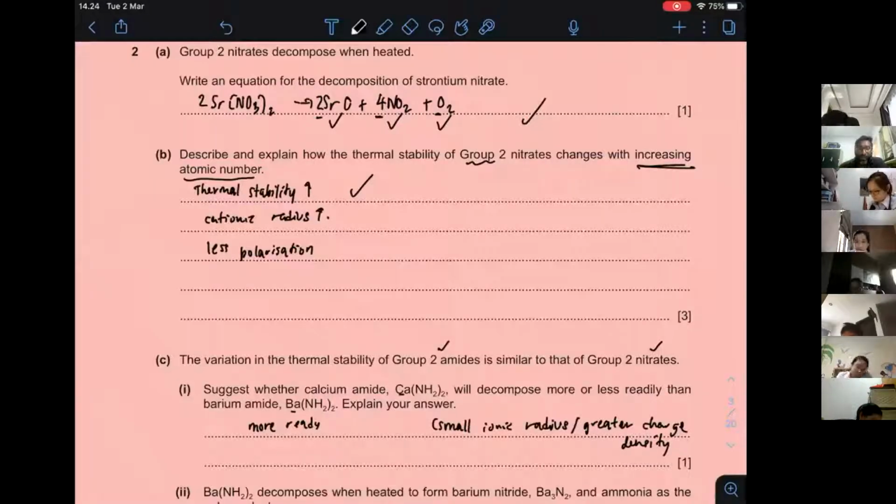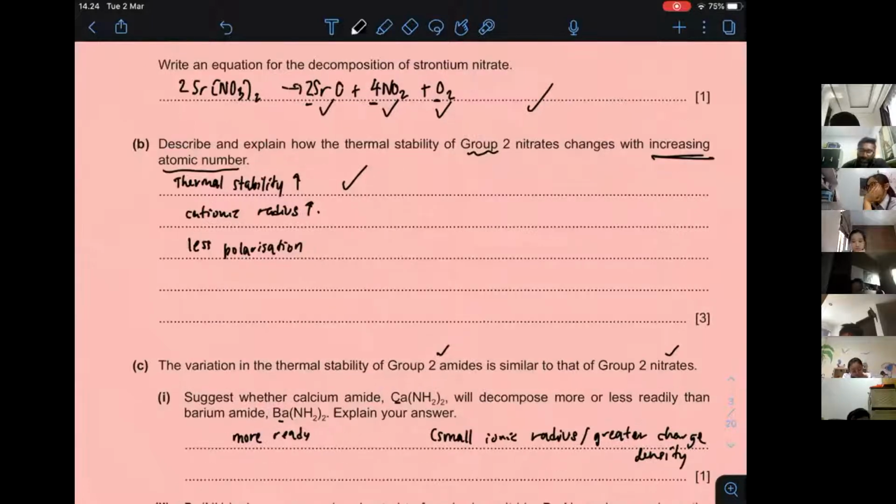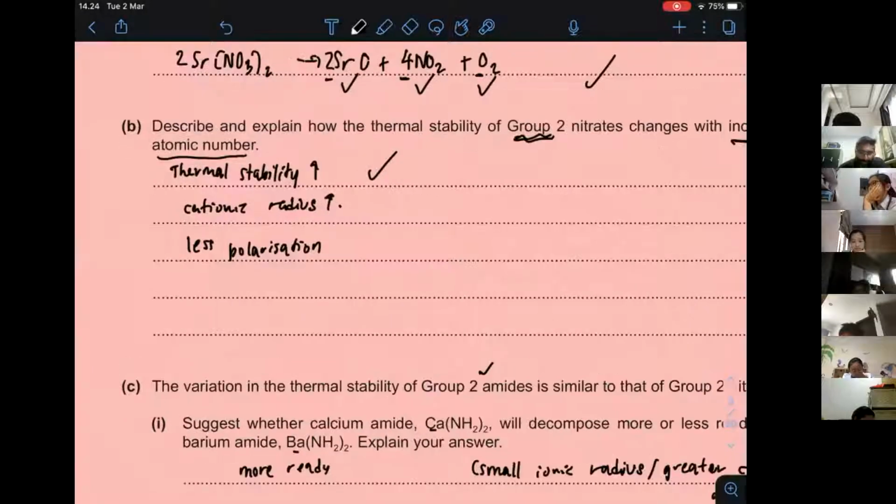Okay, let's continue. So here, the thermal stability is going to increase, and why? Because as you go down the group, the cationic radius, it means we're talking about group 2, the cation, the radius is going to increase.